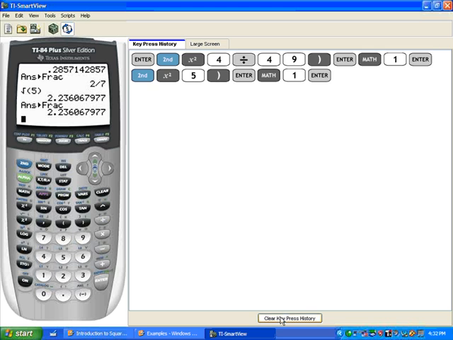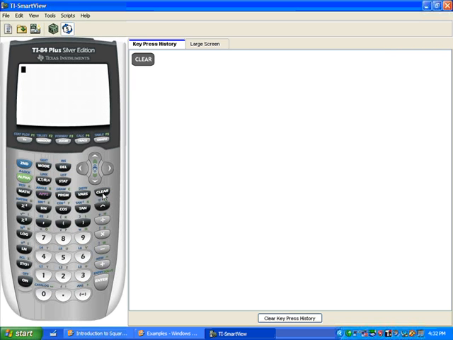Now beyond this, let's look at what happens when you try and take the square root of a negative number. If I take the square root of a negative 25, we're going to find out really quickly that that's not a real number. So when you take square roots, there's basically three different types of answers you can get.